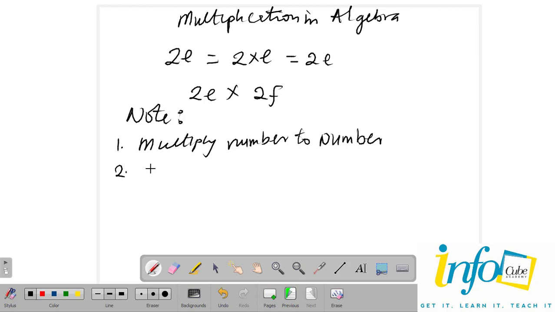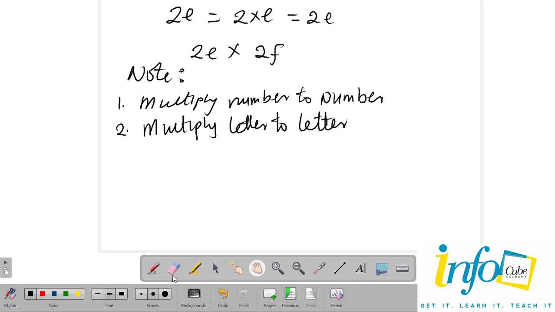The second rule is multiply letter to letter. With these two rules, you will not have problem solving it. So let's solve that question. I gave 2e times 2f. Now, multiply number to number. You will have 2 times 2, which will give you 4. Then letter to letter, e times f will give you ef. So this becomes our answer.